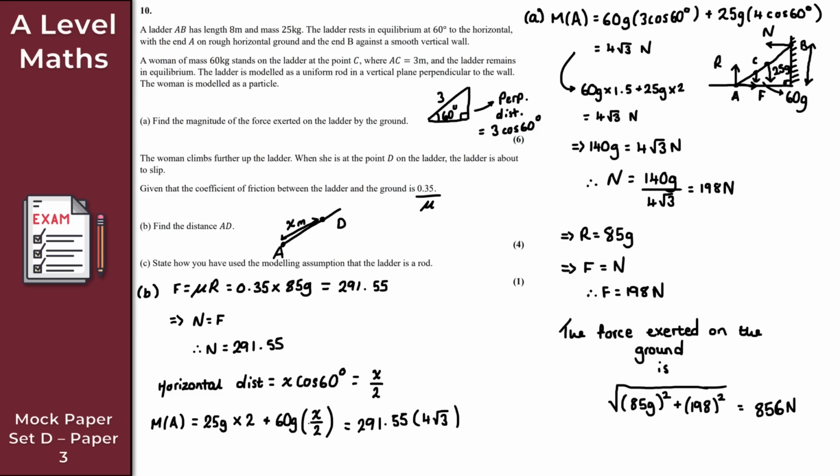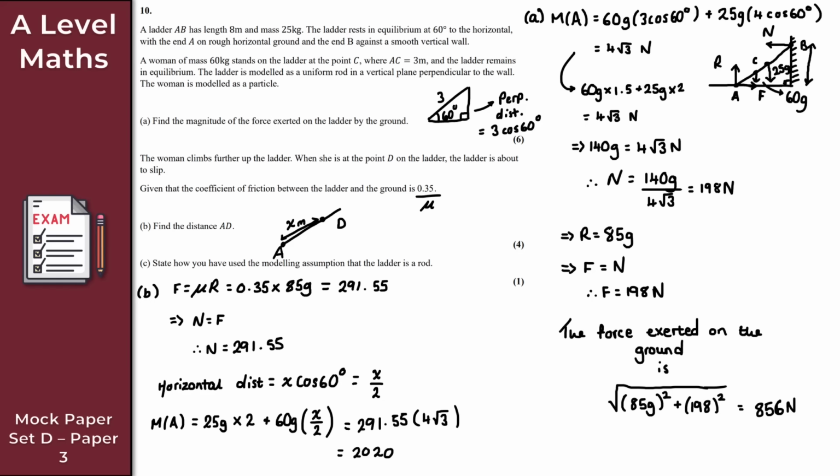The other thing that we need to adapt here is the horizontal distance, or the perpendicular distance I should say, of x over 2 for this part, which was originally the 3 cos 60. So what do I get here? 291.55 times 4 root 3 gives me 2020.